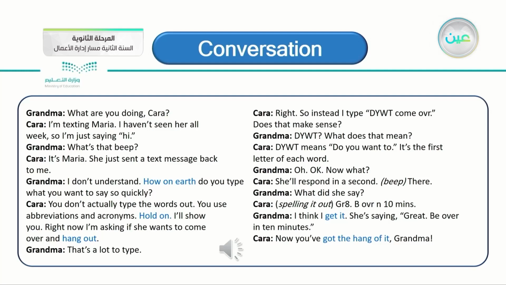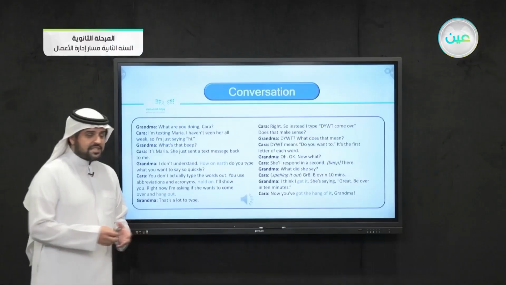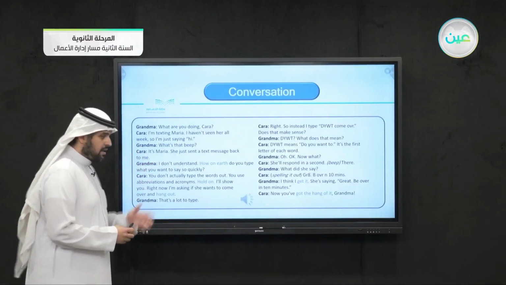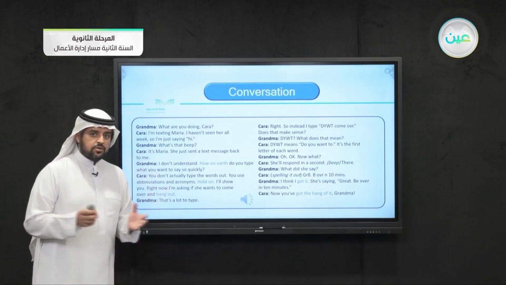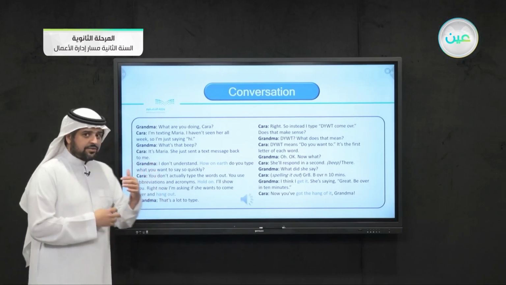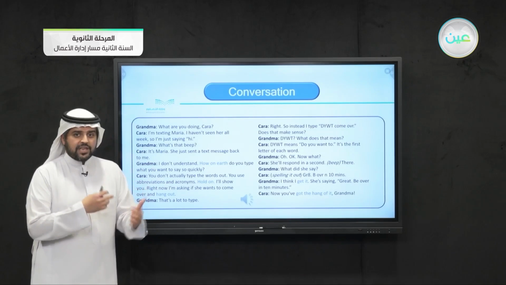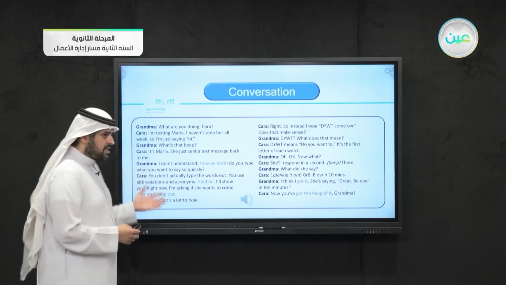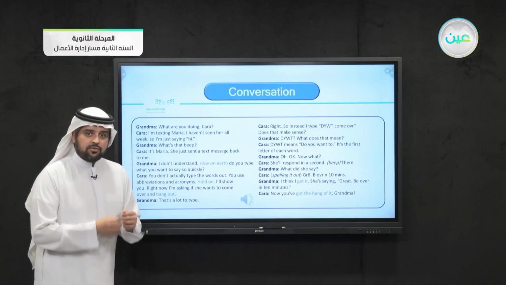So, now we have finished listening to the conversation between Grandma and Kara. So, now we know that Grandma is trying to learn the new ways of writing, new ways of texting, because she's asking Kara, how does she write so fast?